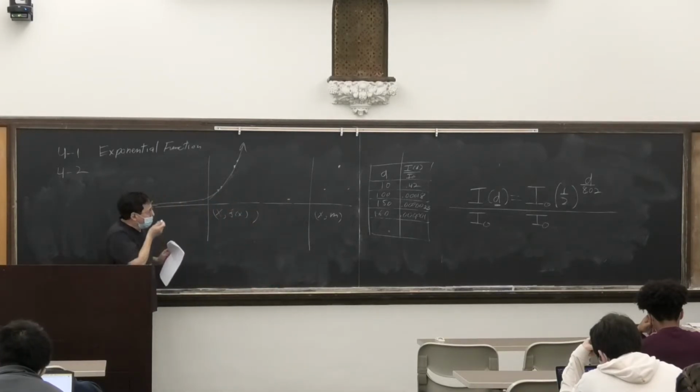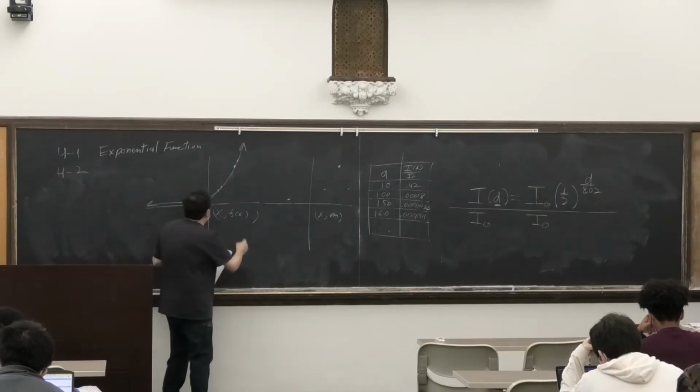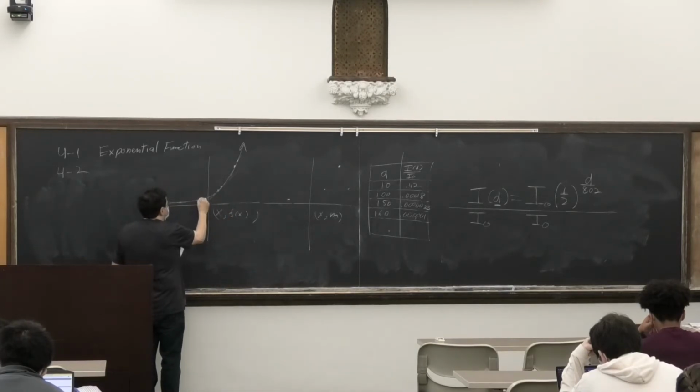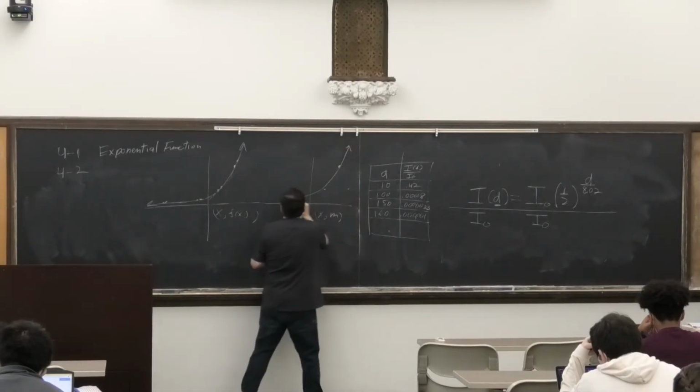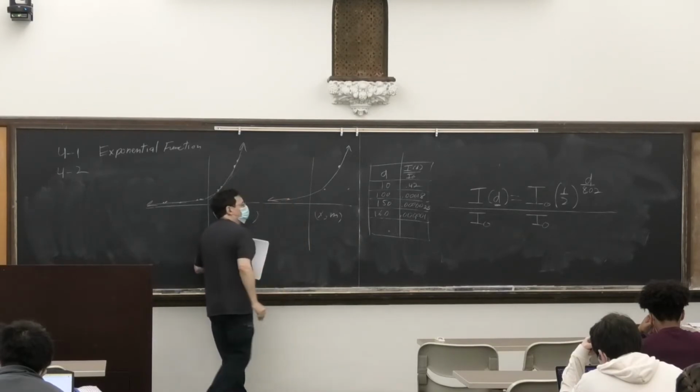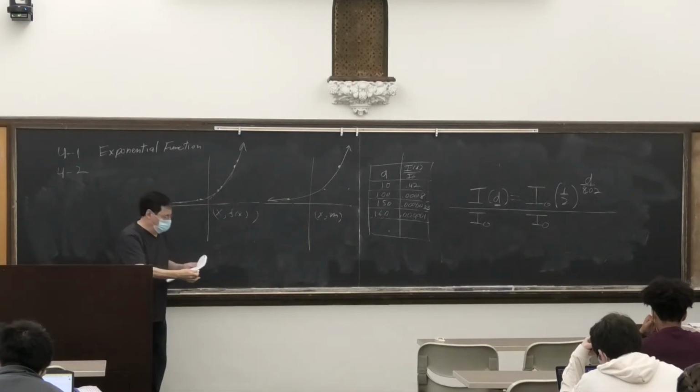If I keep doing this, I get this kind of wonderful result. So if I graph the slopes along here, the approximate slopes, what I get is another exponential function.